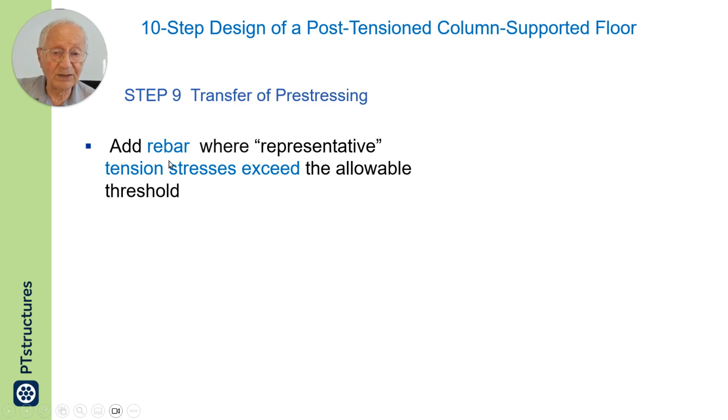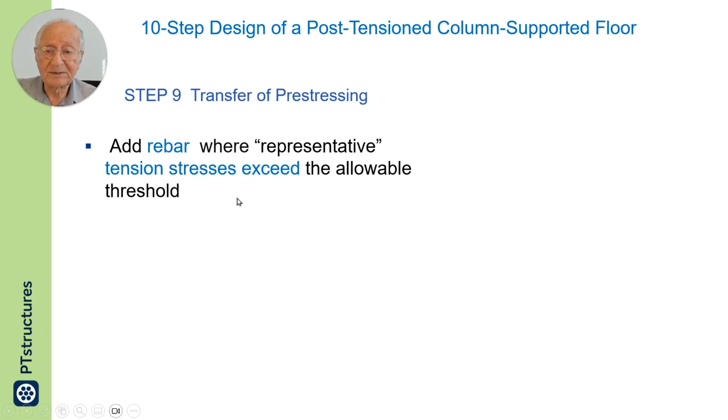You add rebar where the representative tension stresses exceed the allowable threshold. You calculate, like dead load and live load, a representative extreme fiber tension stress for the design strip, very much like the dead and live load calculation.